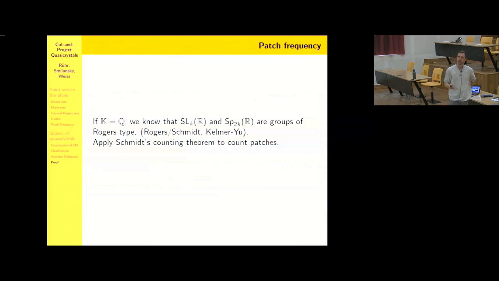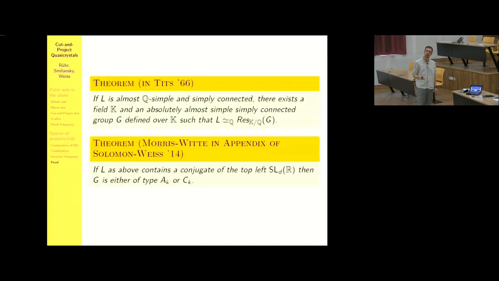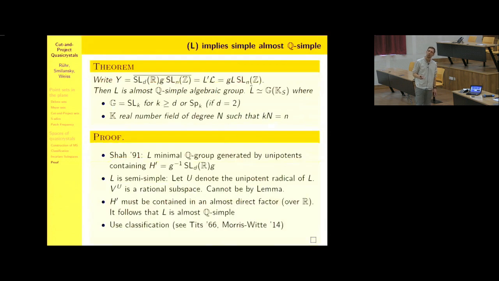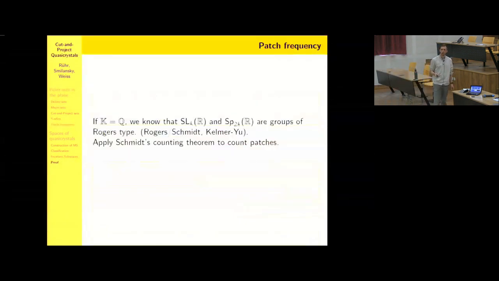Okay, so now I'll go back to the Schmidt counting problem. I said to count those patches. It's actually some problem about counting points, and what we have to know is that the groups we find have to be of Rogers type in the terminology of Dmitry Kleinbock.